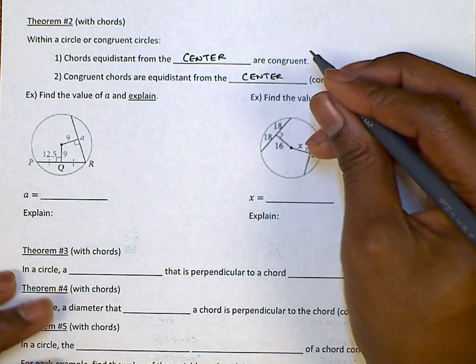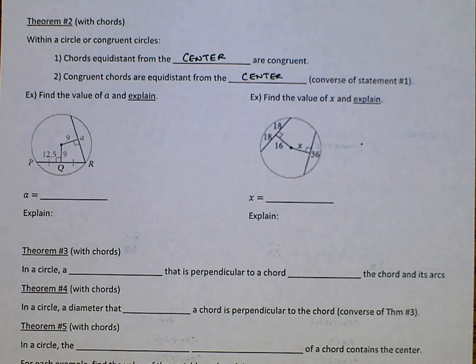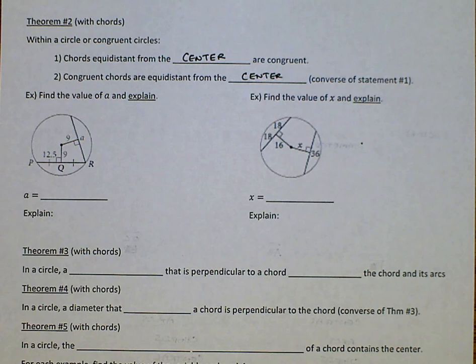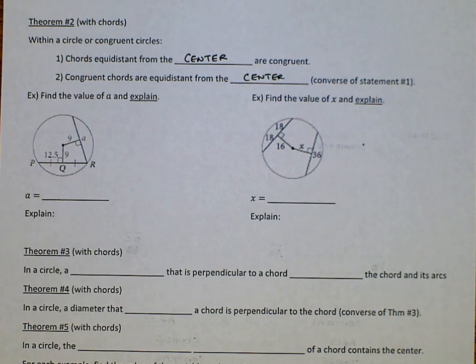Basically it's the same thing as the first statement, just the converse of it. That makes sense in a circle where all the distance is evenly distributed. The distance from the center of the circle will show how long the chord has to be.